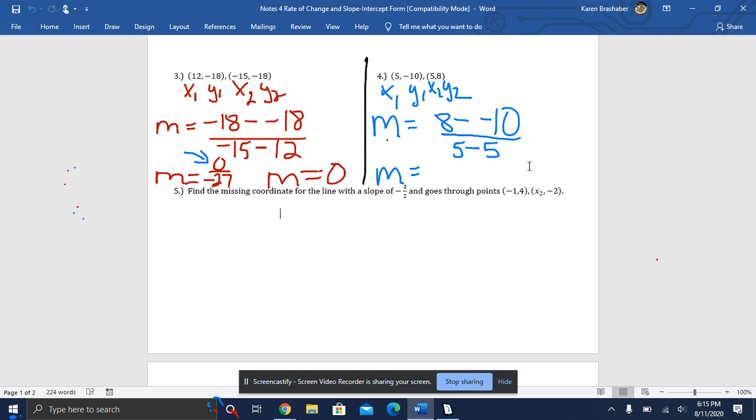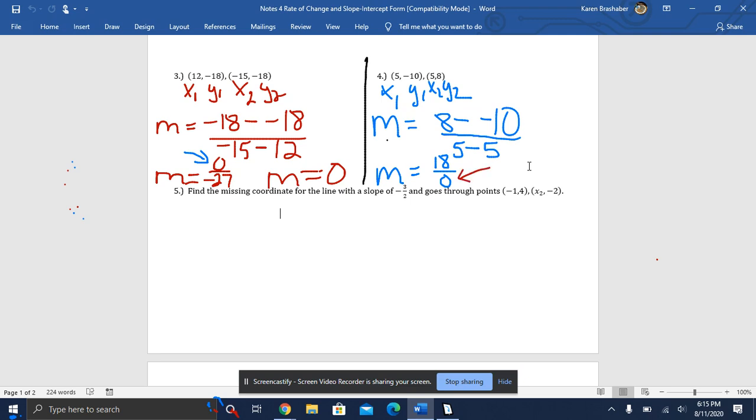And then on your second one, again, I've labeled things for us already. And in your numerator, we have 8 minus negative 10 over 5 minus 5. So that gives us 18 in the numerator and 0, this time, in the denominator.